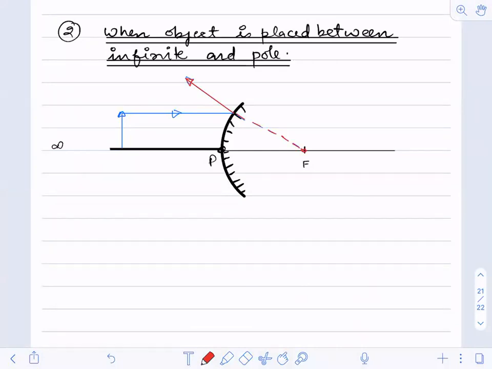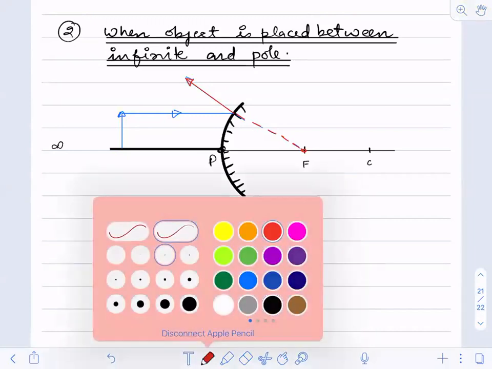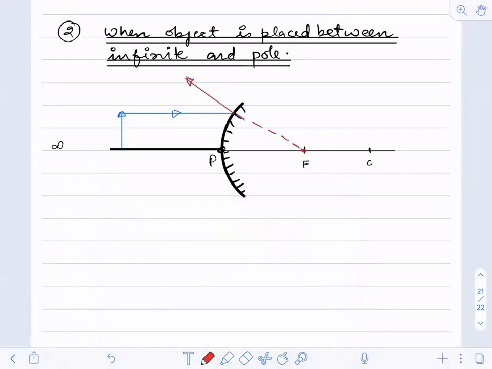Now one ray I will take which will either be incident at pole or at center of curvature. I will take both the cases and try to draw on one figure only. First I am taking the case when it is at C, because most of the books draw this figure only, so that's why I want to explain this figure. This ray will be coming like this.